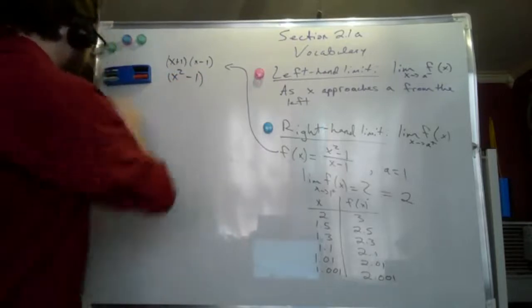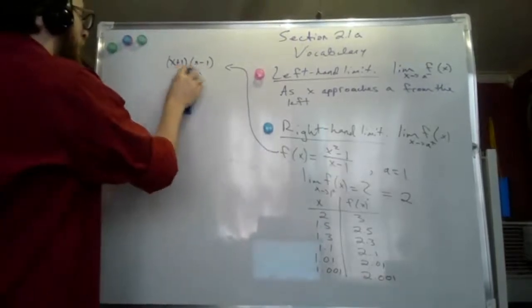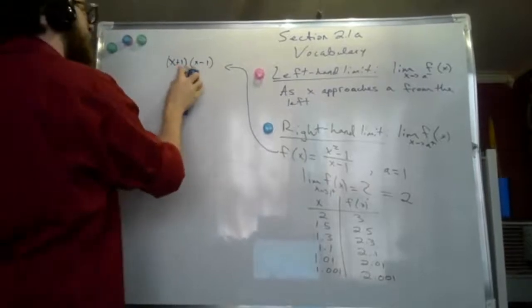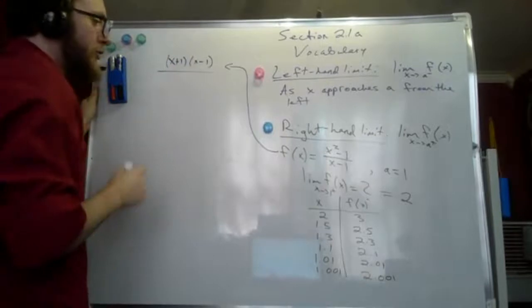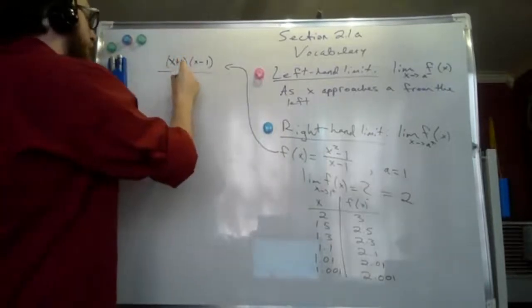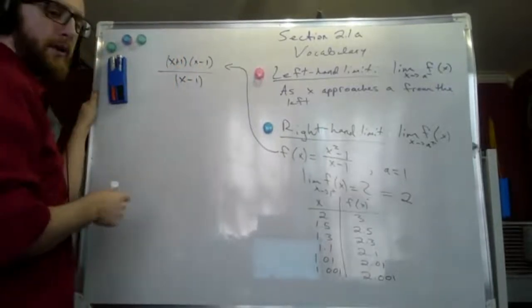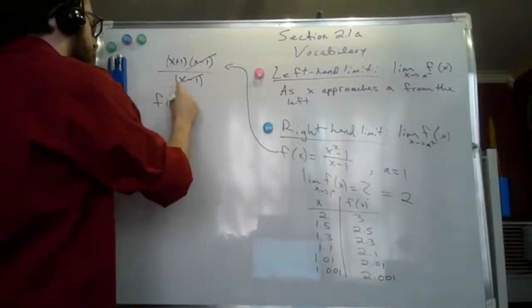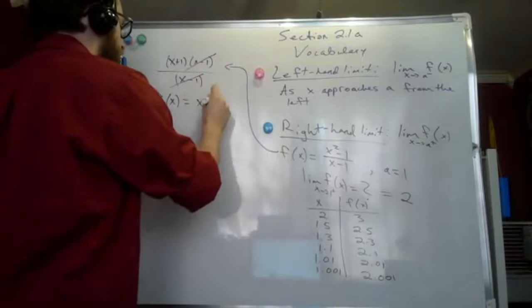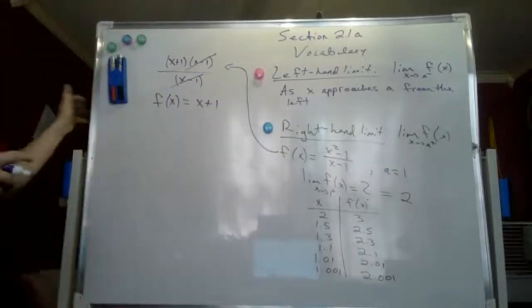Point being, we can factor the numerator like that, and we still have x minus 1 in the denominator. Now I can cancel these, and really this function is equivalent to x plus 1. Now you have to be careful here.